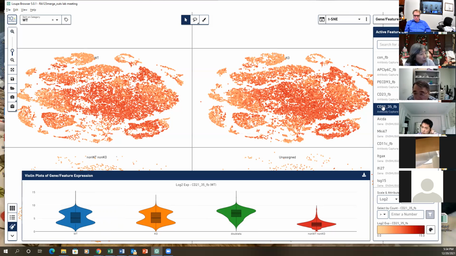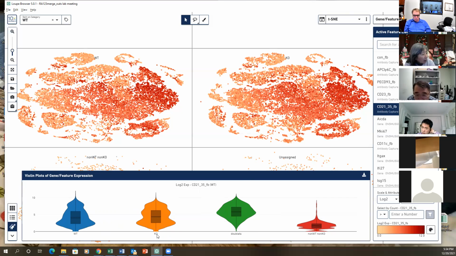But CD21, I think the knockout is higher. That's my impression in the past too: the knockout has more marginal zone, but the wild type has more FO. So here that is true.